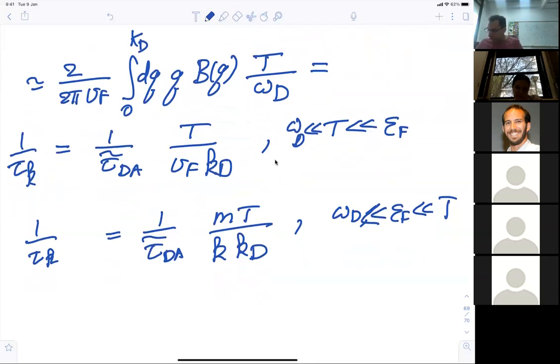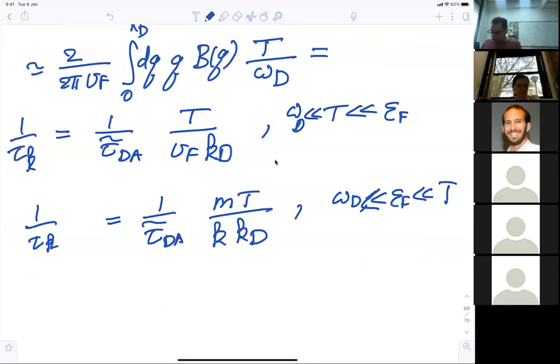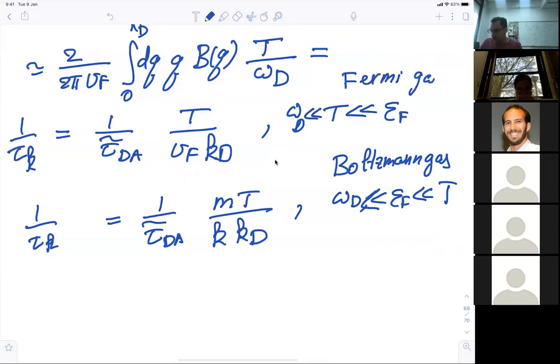So the difference is that this was the Boltzmann gas, and this is a Fermi gas. The difference is the replacement of m over k by v Fermi.